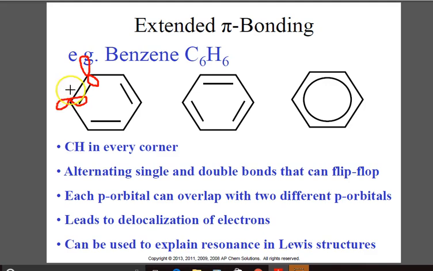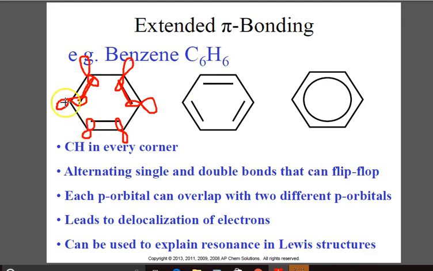And right here, what we're seeing is an overlap between these two. Unhybridized p orbitals here and here, and they're overlapping, and then here and here, and they're overlapping. So when we see a double bond, we're seeing that overlap of the unhybridized p orbitals.